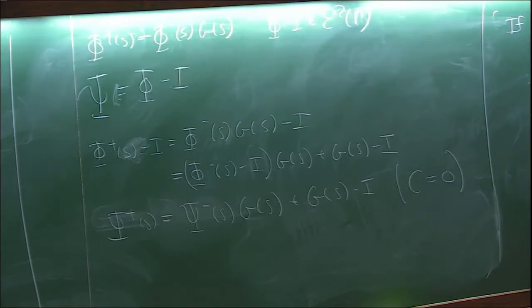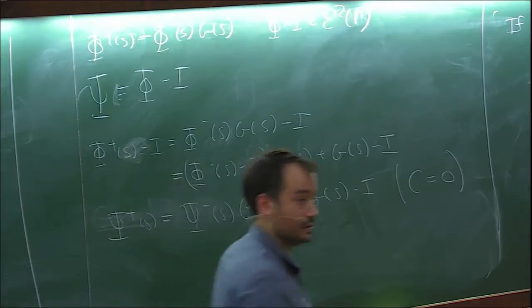I can always add on a constant times that one and keep satisfying all of my required conditions. Okay, it looks like I'm out of time, so I will stop there.